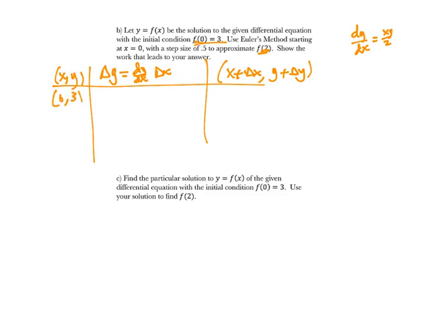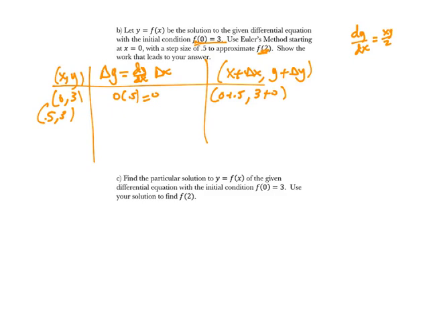If I plug 0 and 3 in for x and y, I'll get 0 for dy/dx, times 0.5 delta x gives me 0. So that means I start with my 0 plus 0.5 for delta x, and 3 plus 0. So my new point is (0.5, 3).